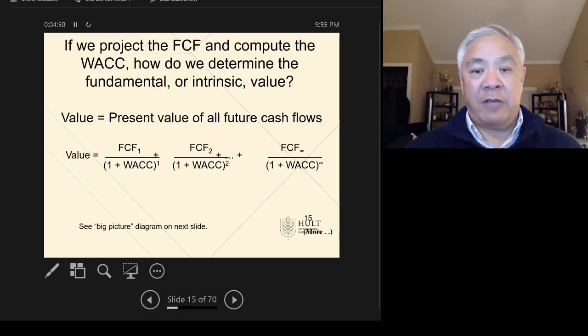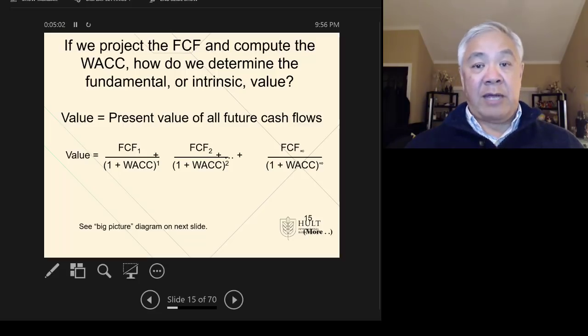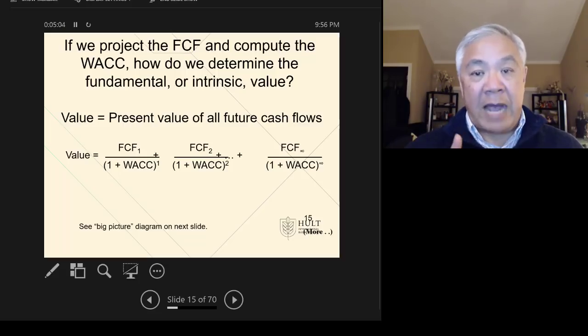And the breakout using free cash flows is you take free cash flow for time 1, which is a year from today, and then you divide it by 1 plus the weighted average cost of capital. The one we just did was 11.9%, to the first power, because it's 1 year out.